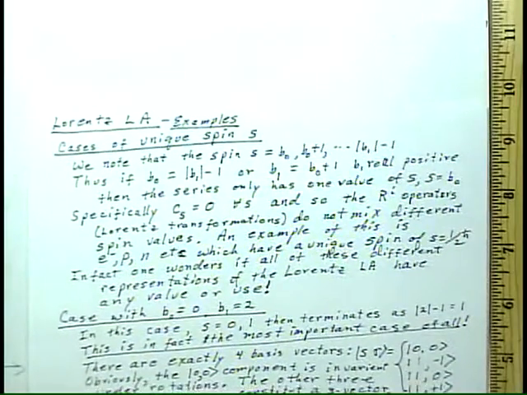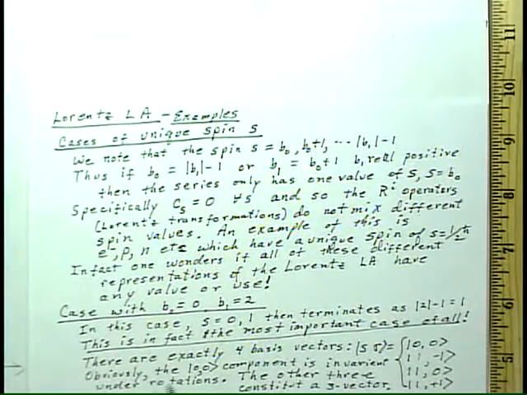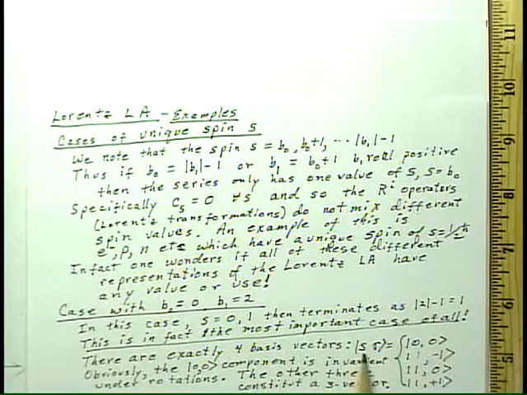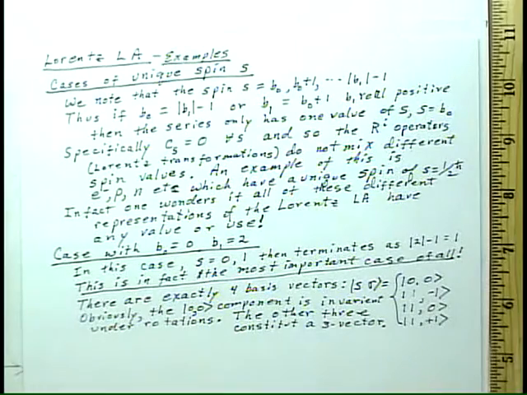It turns out, kind of ironically, that this is the most important case that you can possibly have. There are exactly 4 basis vectors for S and sigma. Where S is equal to 0, sigma must also be equal to 0. But if S is equal to 1, then sigma can be equal to plus 1, 0, or minus 1.